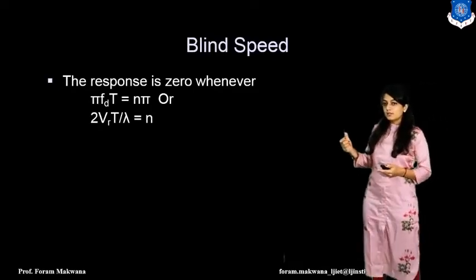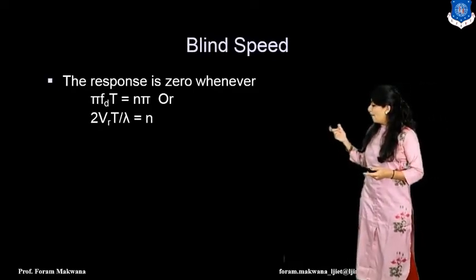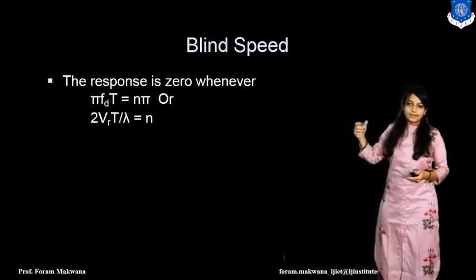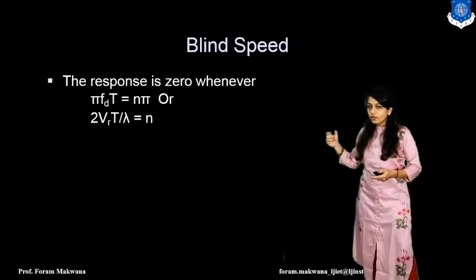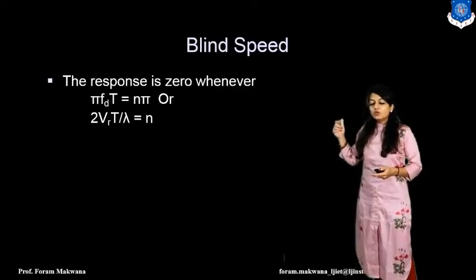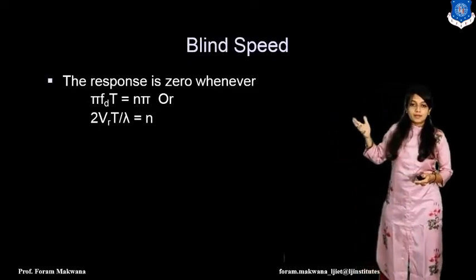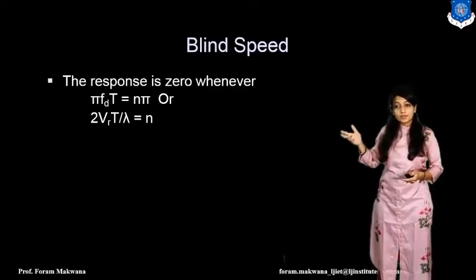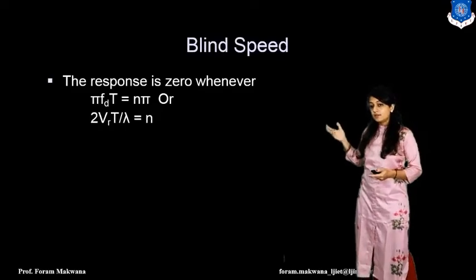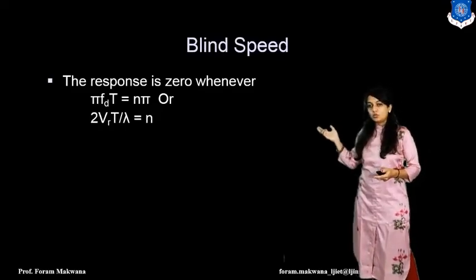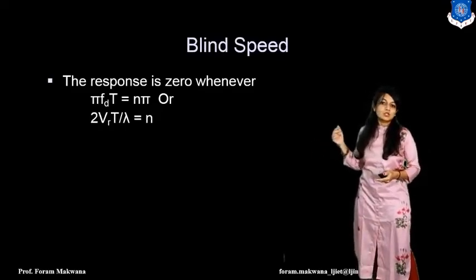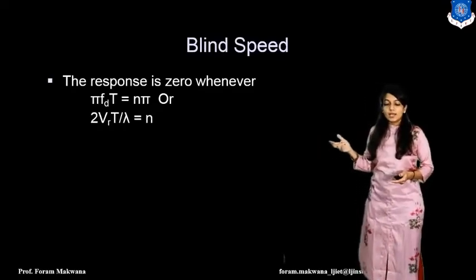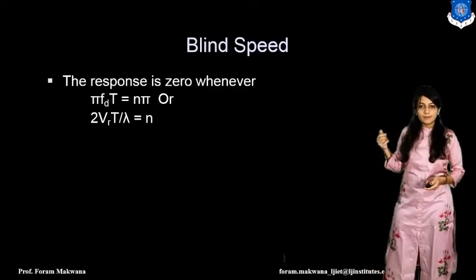So what is the value? π fd T is equal to n π. So if we calculate the nth blind speed, meaning the first lowest blind speed, the second lowest blind speed, it will be identified as 2 Vr T upon lambda. Lambda is your wavelength, Vr is the velocity, and T is the pulse repetition time.